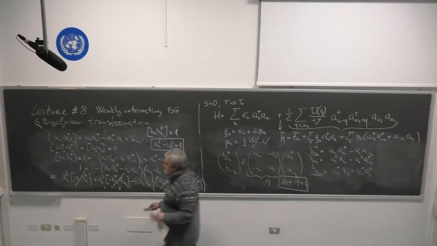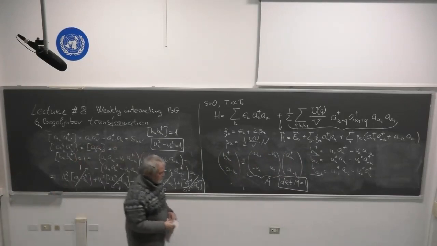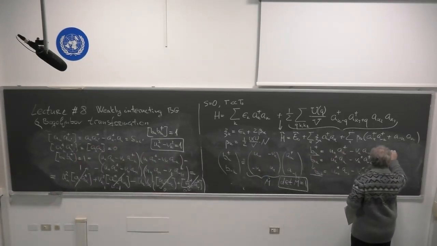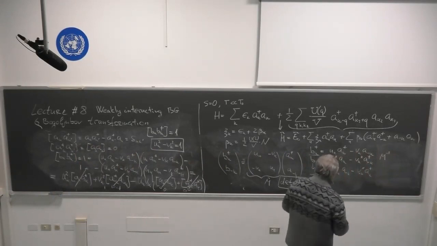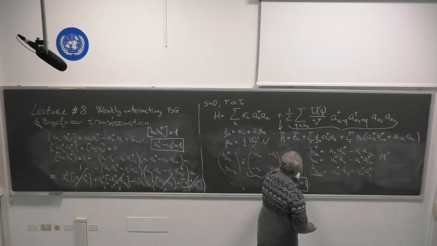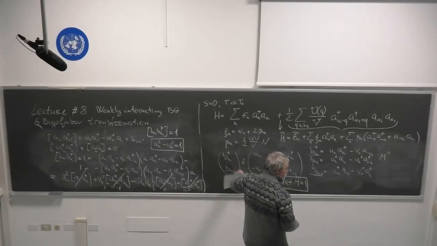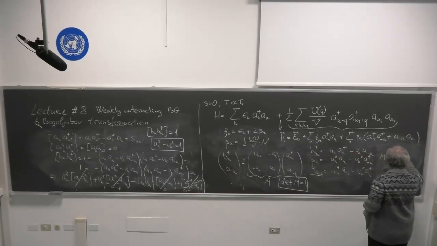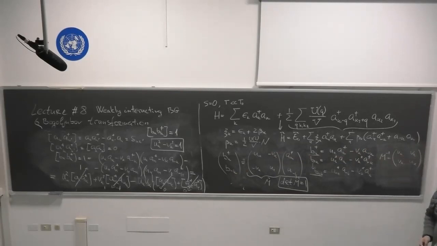So this condition that the determinant is equal to 1 allows me to construct the inverse matrix. Because in order to express all variables, we need the inverse matrix. So the inverse matrix easily is UK, minus VK, minus VK, UK. The determinant of it is also equal to 1, of course.